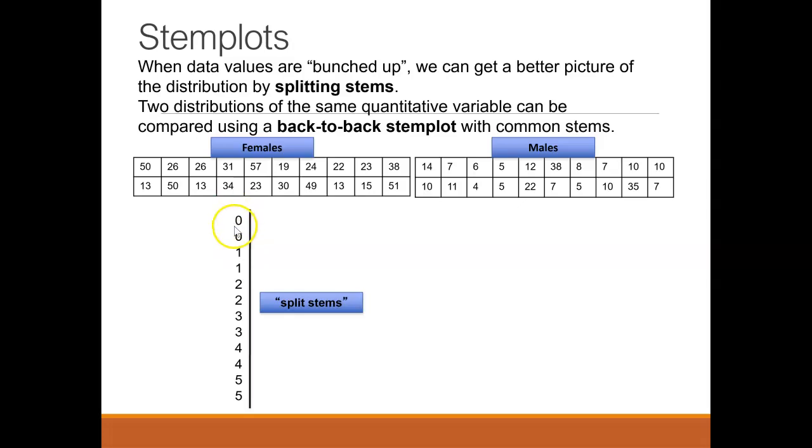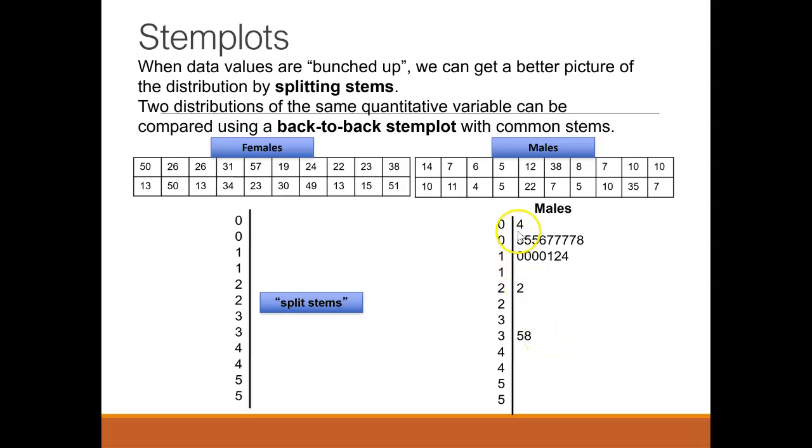I'm also going to do this as a split. I guess we're doing a split first and then a back-to-back. The split means I'm going to go 0 to 4 and then 5 to 9. Everybody's okay with how I'm doing that?